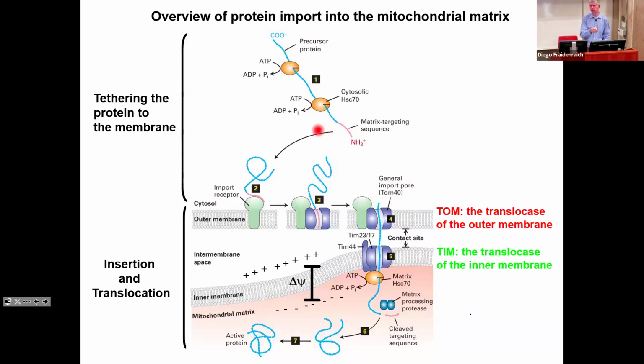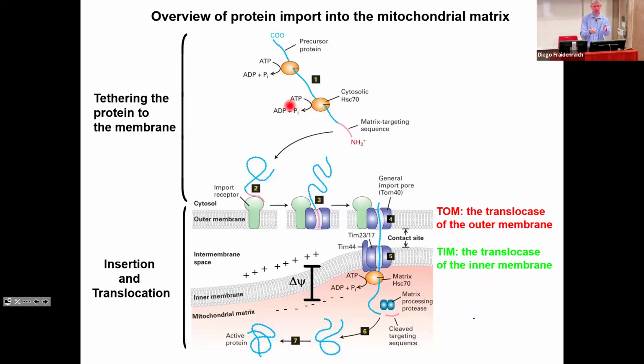To help with this unfolding, you need HSC or HSP. These are called heat shock proteins. They help to unfold these proteins. And you can also see that unfolding requires energy.